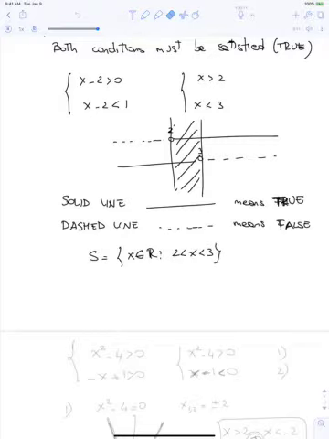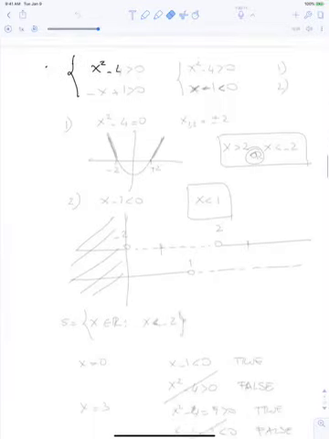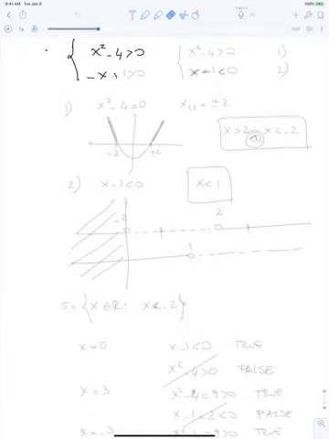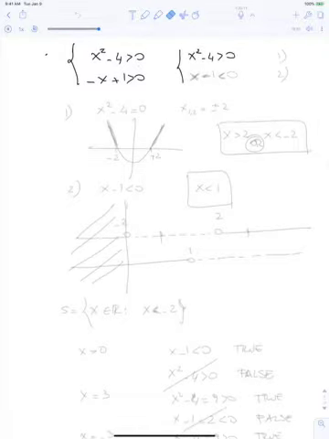One more example with systems of inequalities. So we have x squared minus 4 greater than 0, and minus x plus 1 greater than 0. Okay, so this one here, we're not going to do anything with right now, but we can change the sign of this one if you feel more comfortable.